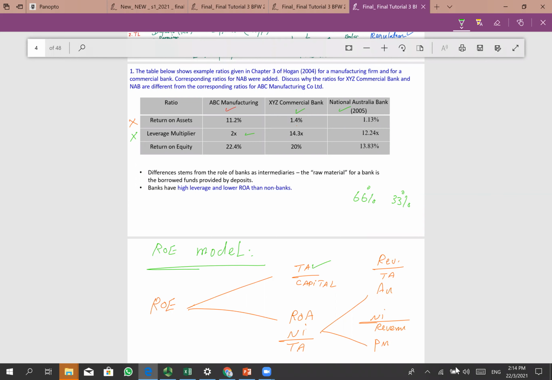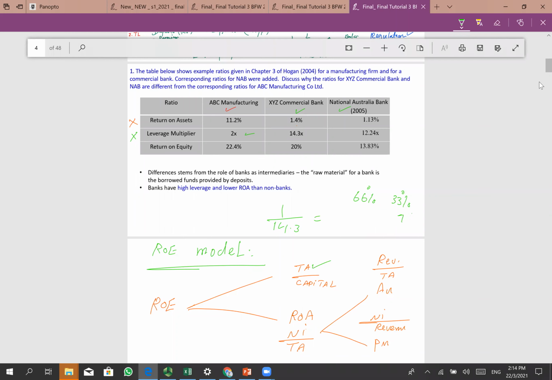While for the bank, it is 14.3 times. If you divide one over 14.3, you will find the capital is financing 7%.